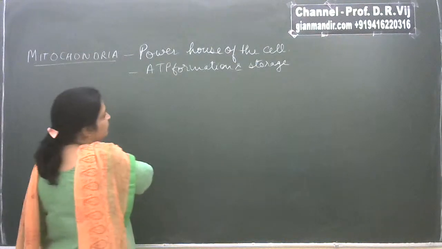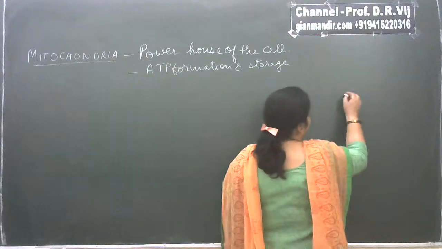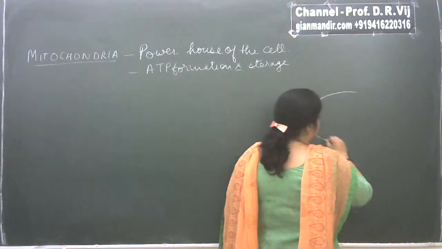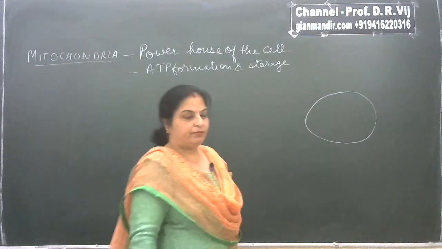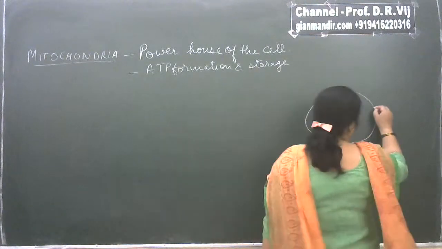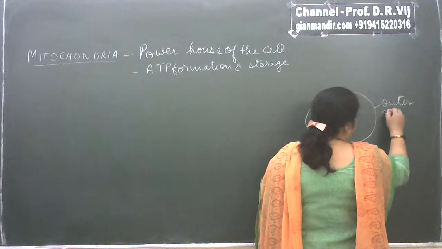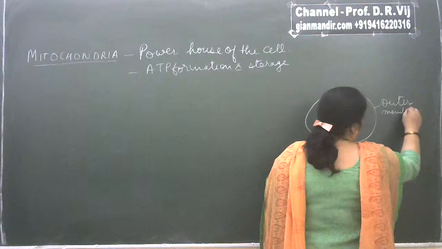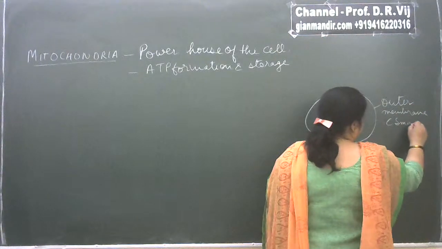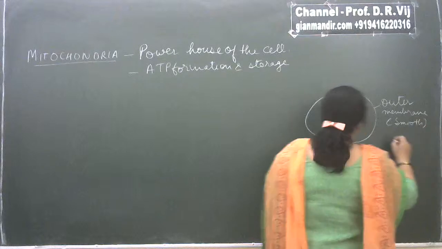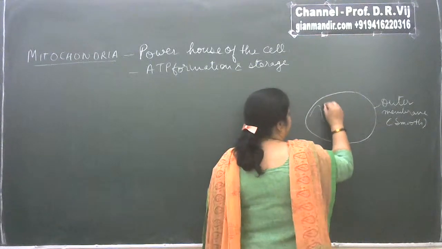If you look at the structure of mitochondria, just like you have seen the nucleus is surrounded by two membranes, mitochondria is also surrounded by a double layered membrane. Here the outer membrane of the mitochondria is smooth, and the inner membrane here is having folds.